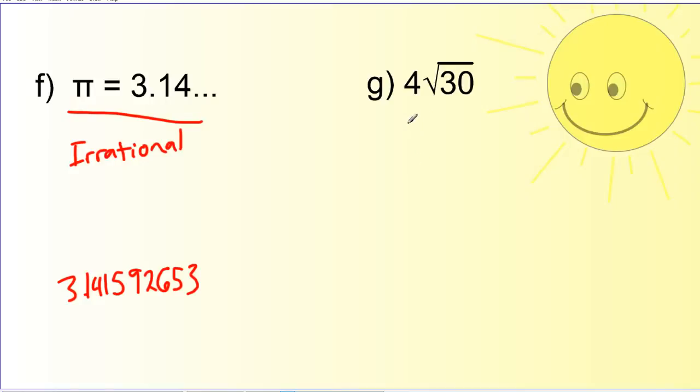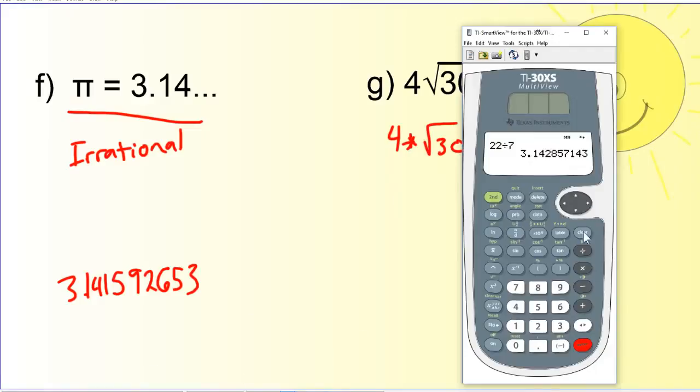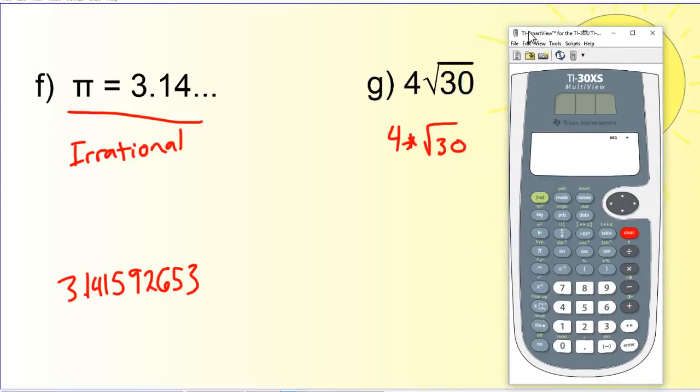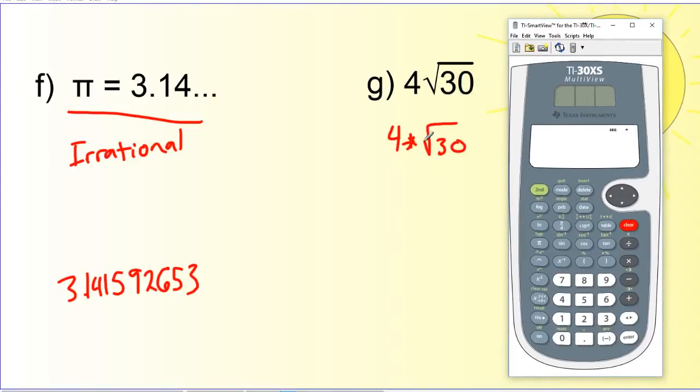Letter G. 4 square roots of 30. What this means is we want to take 4 and multiply by the square root of 30. Okay, so now with our calculator, clear, we can do this one of two ways. We can just take the square root of 30, get our decimal, and then multiply by 4.